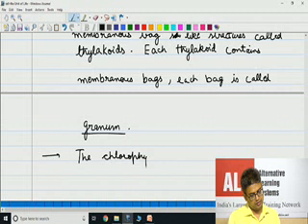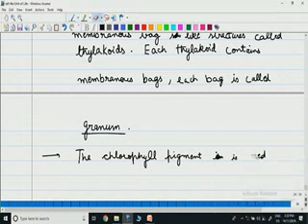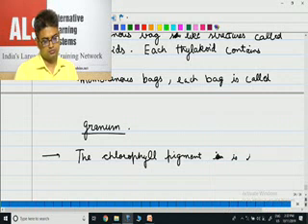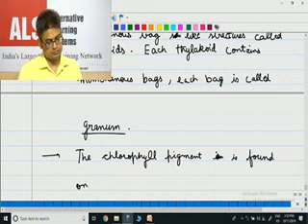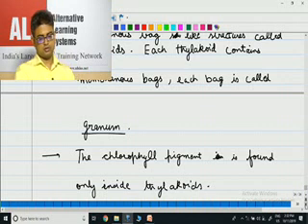The chlorophyll pigment is found only inside thylakoids.